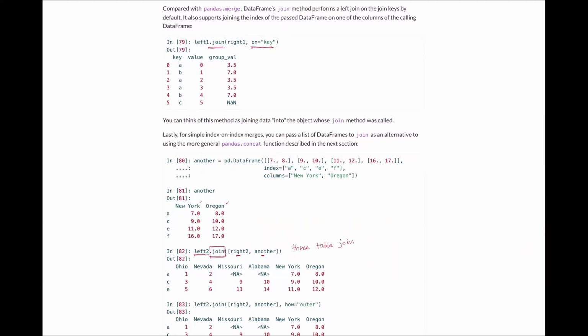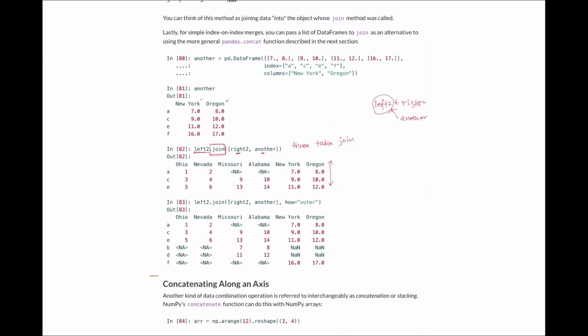Okay, so it's more than 2 tables. You have a left table, a right table, and then another table gets joined to the left 2 table. This is how you get the outcome. Okay, and then you can also designate the joining type, like outer join or inner join, or maybe left join, right join, etc.